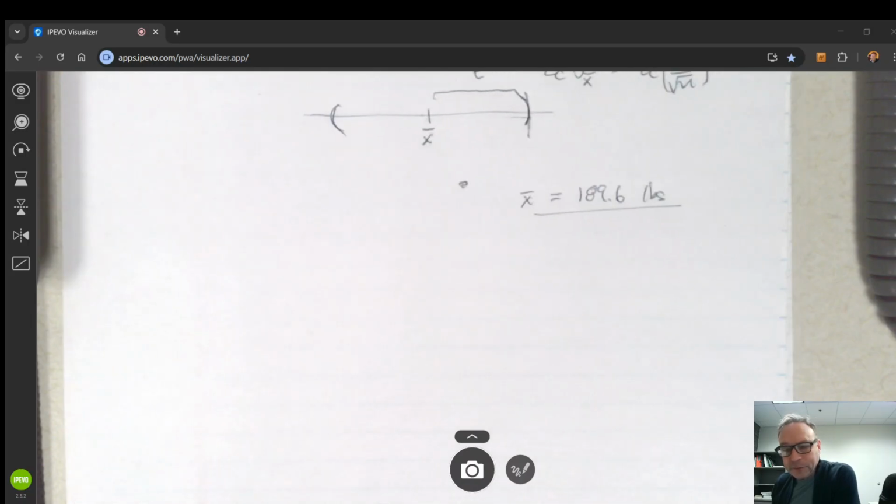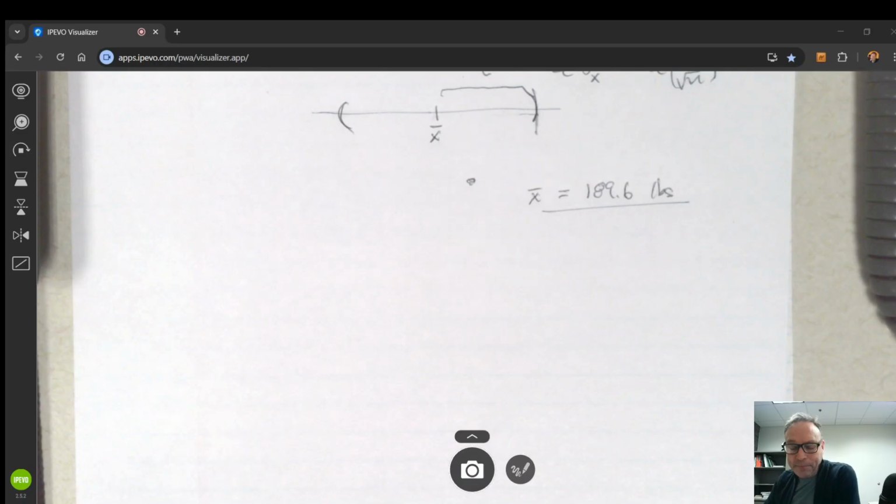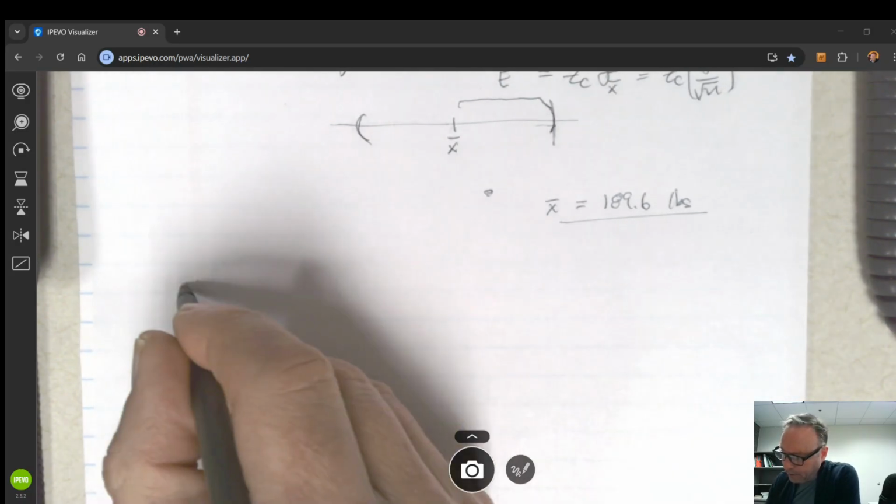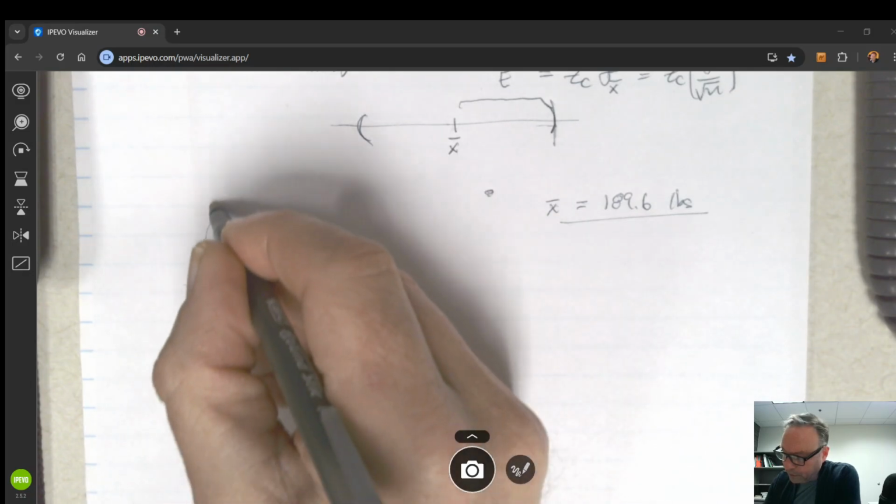Now, if I knew the distribution of the sampling distribution, think about that. If I knew the distribution of all the samples I could possibly have taken, then that would tell me something. I'm going to make this up. Let's just say my sampling distribution looks like this.